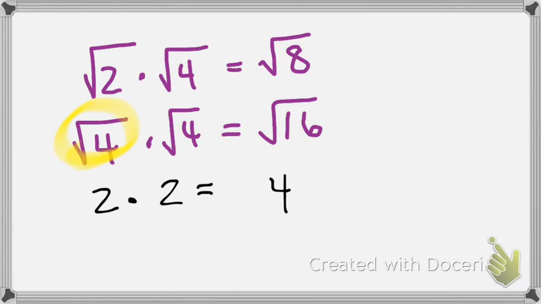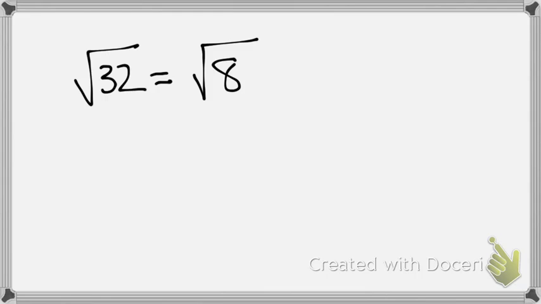But now let's go backwards. Actually, I want to do 32. The square root of 32 equals the square root of 8 times the square root of 4, doesn't it? Right? What is the square root of 4?